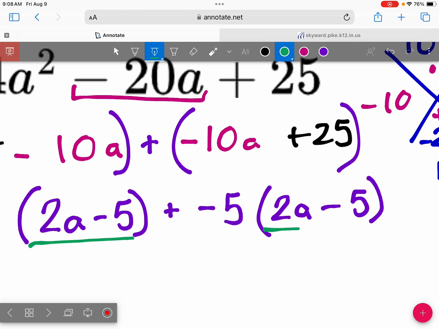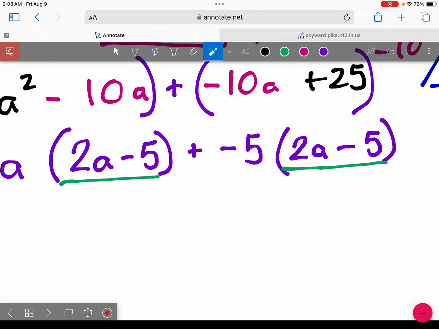These two pieces have to wind up exactly matching. If they do not wind up exactly matching, something went wrong. The most common thing that goes wrong is that we forgot to take out a minus sign. If they are the same thing but with the signs reversed, we forgot a minus. Because the way we write this in our factored form is these two things get pulled out as a GCF.